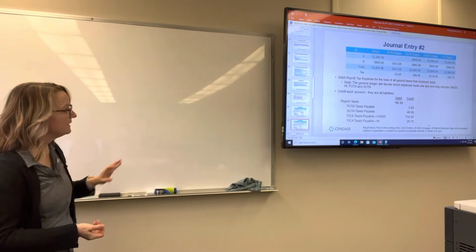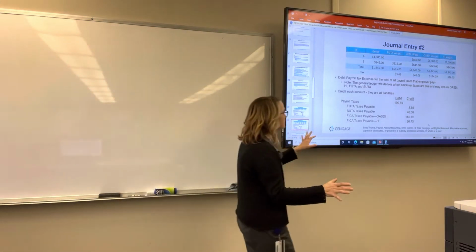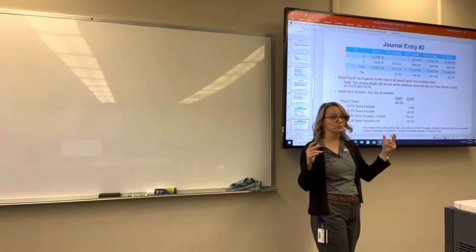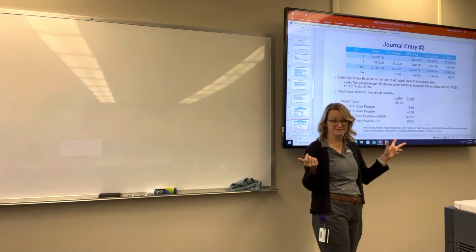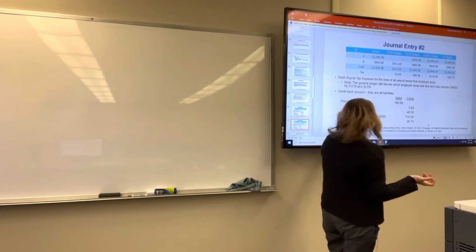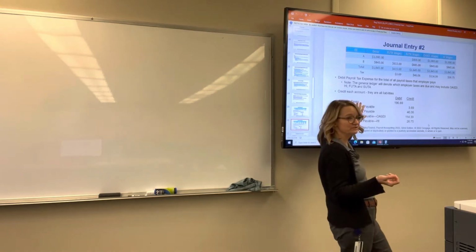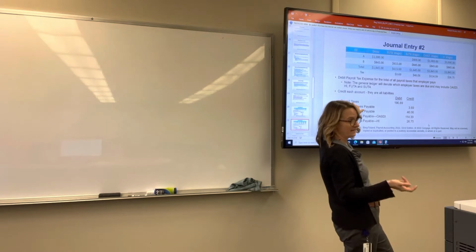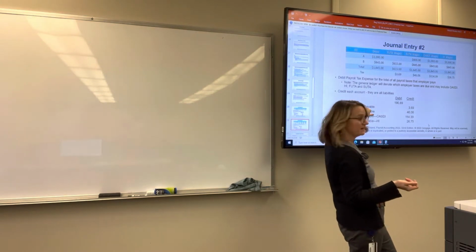But payroll taxes, now I had mentioned that those expense accounts, it's nice when they've got the word expense attached to it, right? Because then it tells you it's an expense account. In your book, they don't use expense for the payroll taxes account, but this is an expense account.